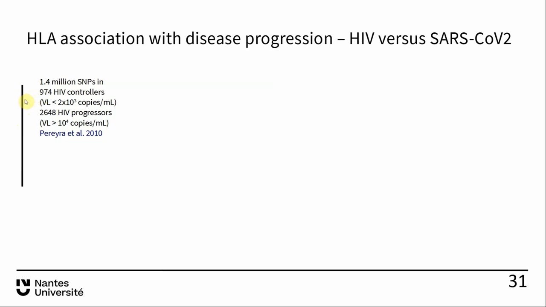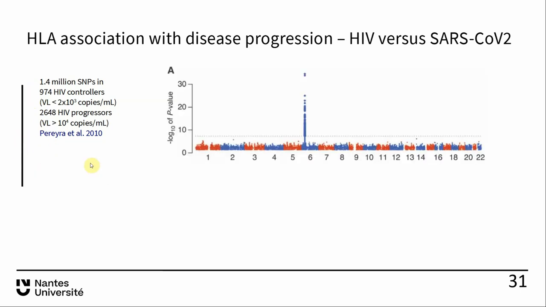And this was done on Affymetrix chips. And it allows you to screen without any bias for frequent genetic polymorphisms that are associated with your disease phenotype. So this was a big study, and the result was this one.